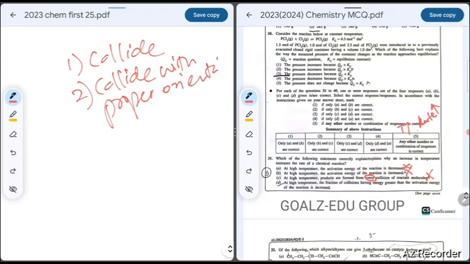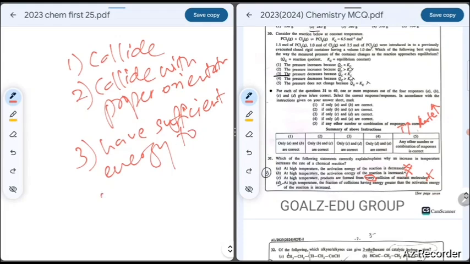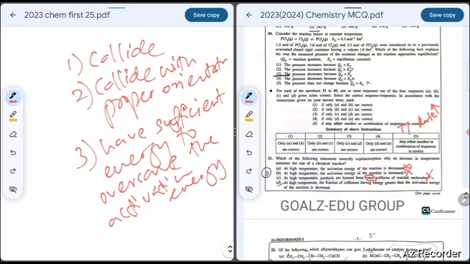And also, they should have sufficient energy to overcome the activation energy barrier. So, those are the factors that should be satisfied.